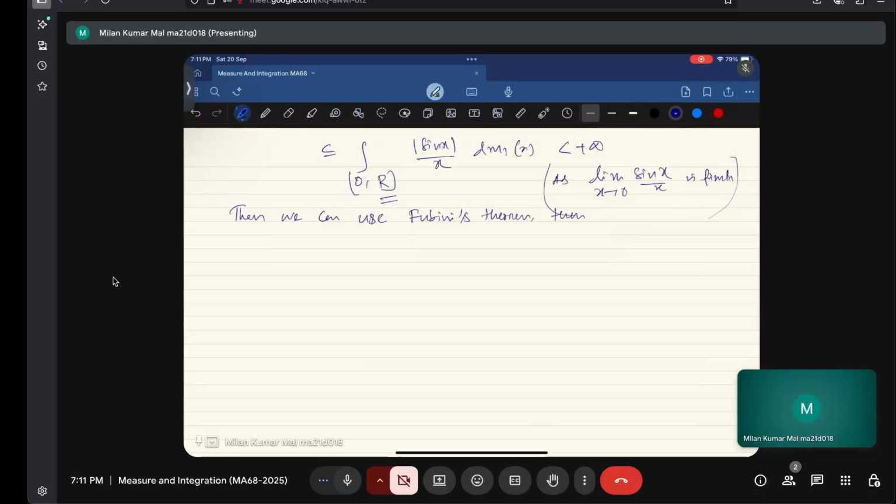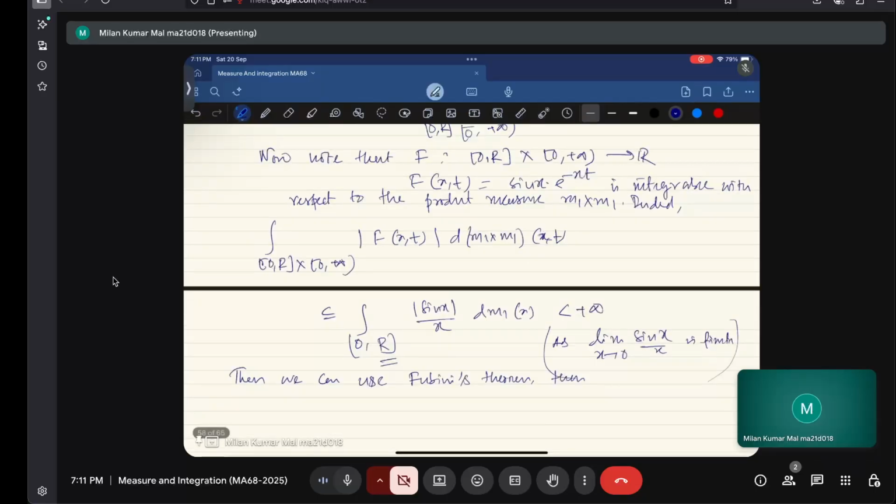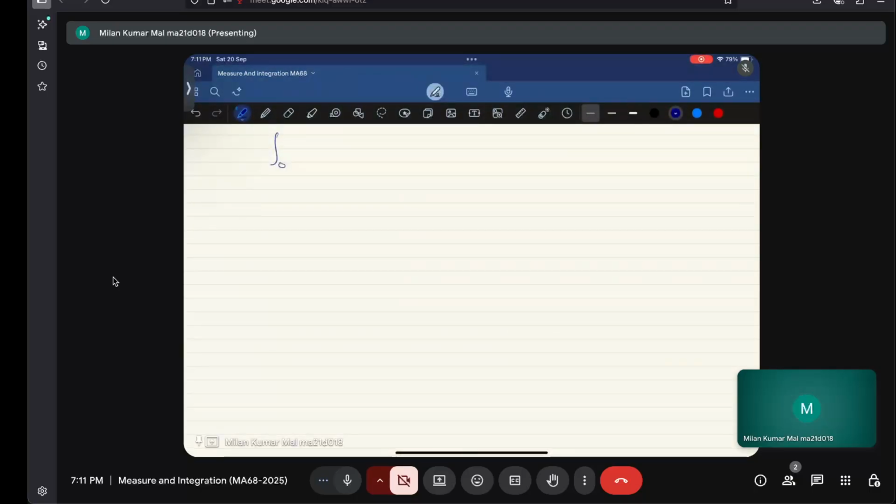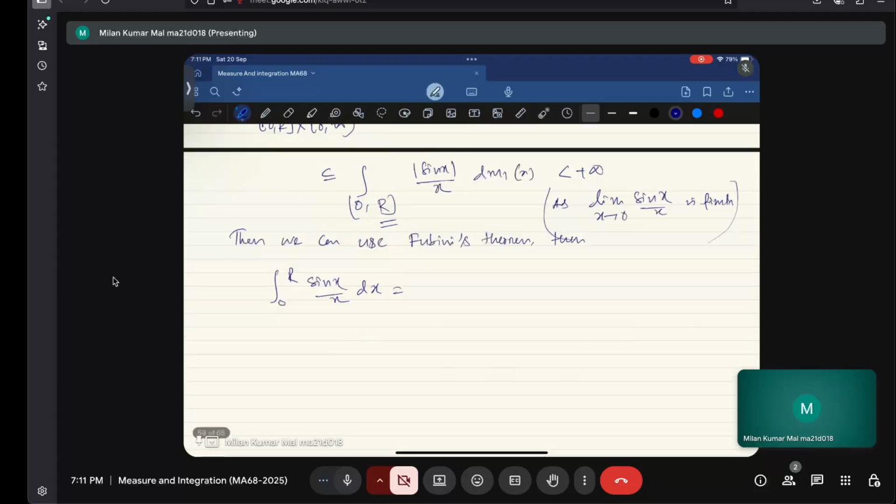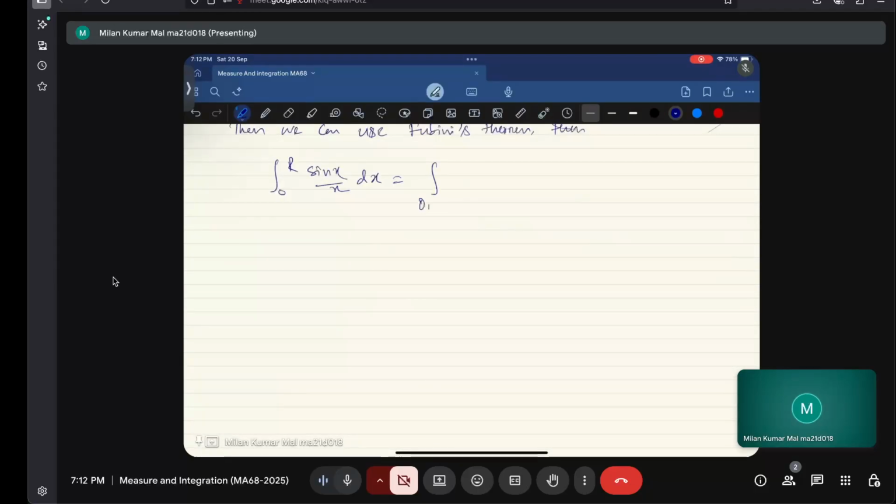Then integration 0 to r of sin x by x dx, which can be written using the change of integration, 0 to plus infinity. I think there will be a little problem.